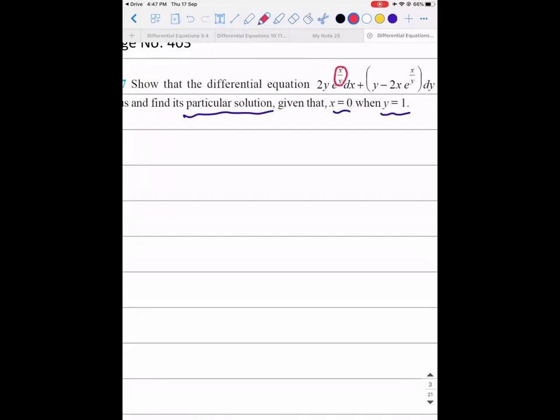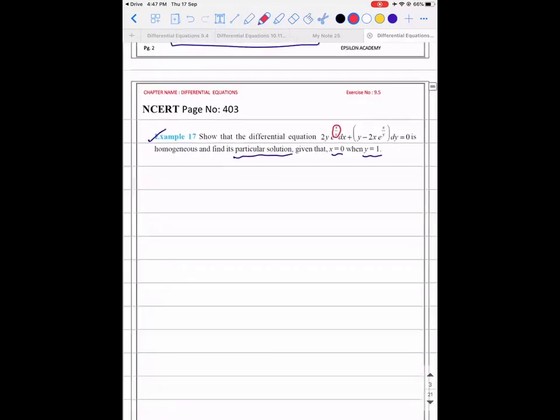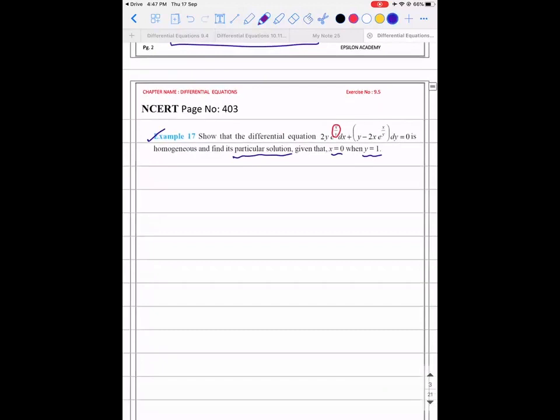So we need to do a reverse operation, meaning instead of taking dy by dx is equal to f of x comma y, we will take dx by dy is equal to f of x comma y. I will try to find out what dx by dy is equal to. So what is dx by dy? Can you rearrange and tell me?